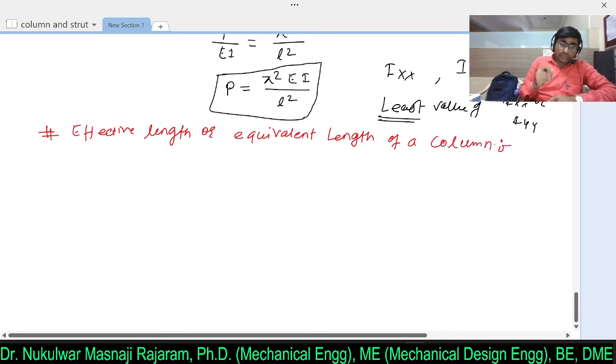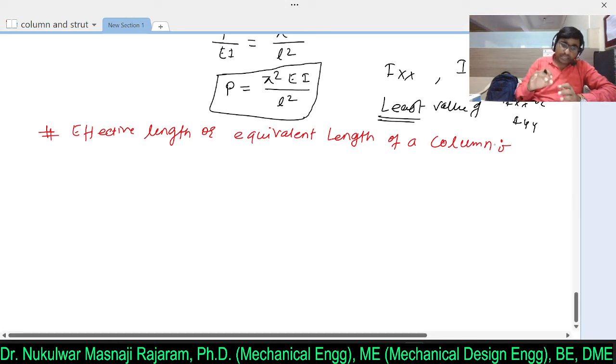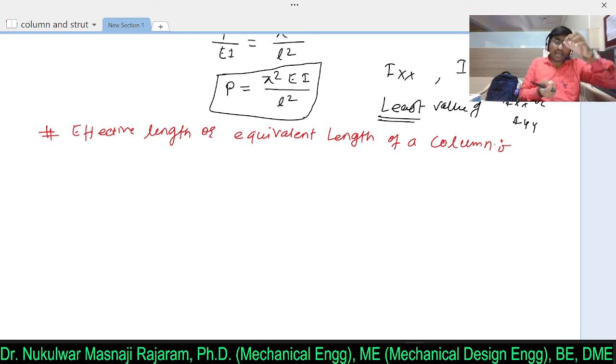Simple. Now the effective length of a given column with given end condition is the length of an equivalent column of the same material and same cross-sectional area with hinged ends and having the value of crippling load equal to that of the given column. Whatever the condition we are assuming or equating the length to, that is nothing but when the pin or hinge support is there, that length is called the equivalent length.